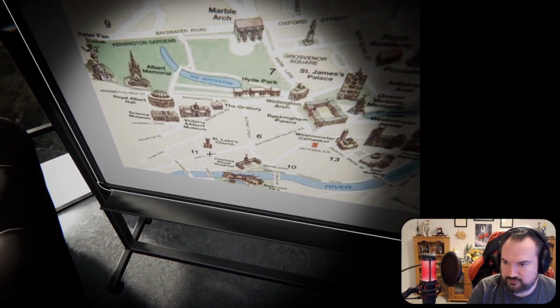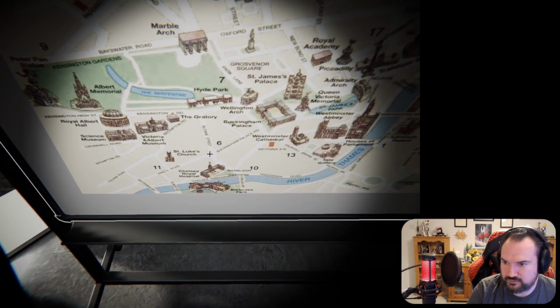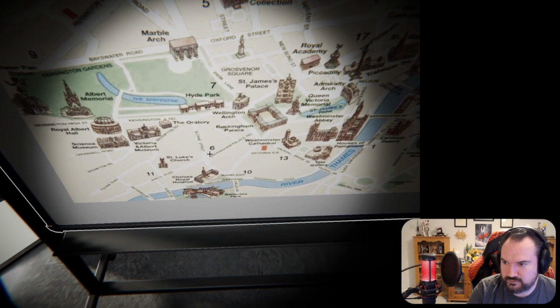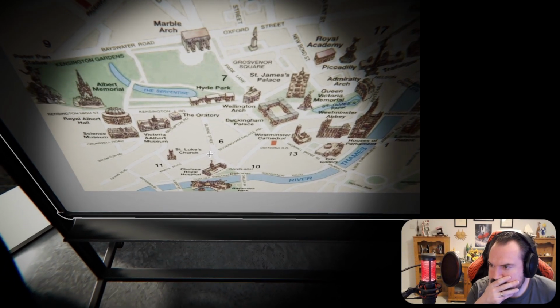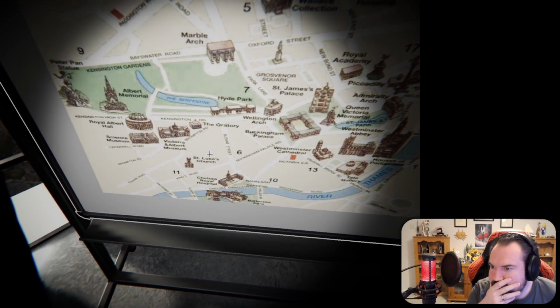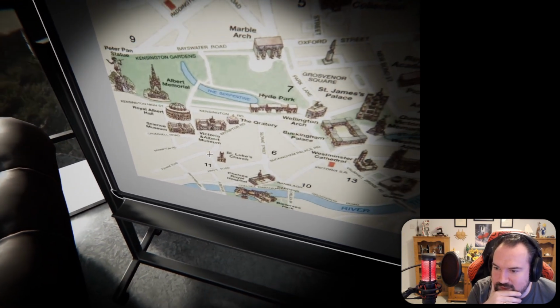So here's King's Road. Oh yeah, there is the Royal Albert Hall.